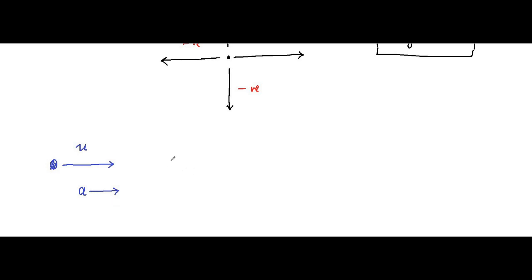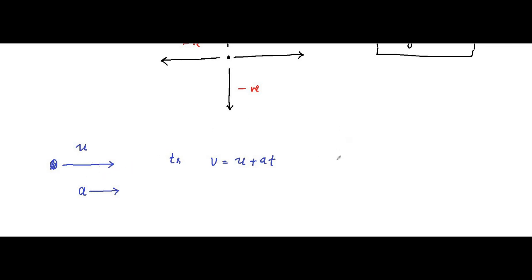So here, after a time interval of t seconds, the final velocity will be initial velocity plus a into t. Here plus a into t, because the velocity of the object and the acceleration are directed in the same direction. So here this acceleration is supporting the object in gaining more and more speed.